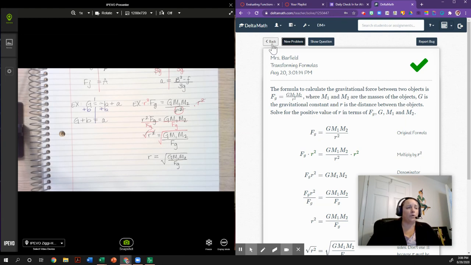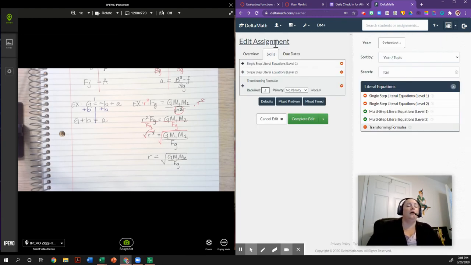Now, what I've done in this assignment, and I know that this may frustrate you, and I'm hoping that it doesn't, but this is what I do like about Delta Math, okay? If you notice here, it says there's no penalty for being wrong, okay? But what I'm also looking for is that you do 5 problems here, you get all 5 of them right.